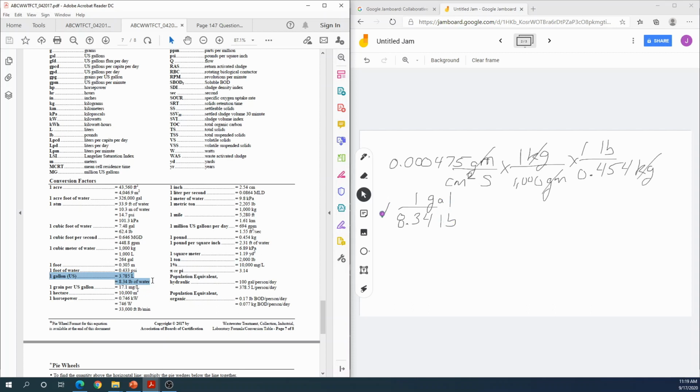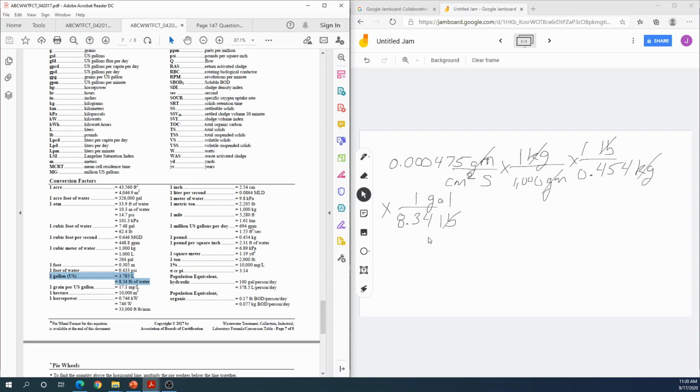And again, this is where it's going to get a little confusing just because I'm tracking this around, running out of room. In reality, if you had a piece of scratch paper, it'd be a lot cleaner if you could just continue this equation all the way across. But for our purposes, it's going to come across and just wrap back down, come on the bottom here. So now pounds are going to cancel pounds, and our units are going to be in gallons. So based on these conversions so far, we have gallons per centimeter squared per second.